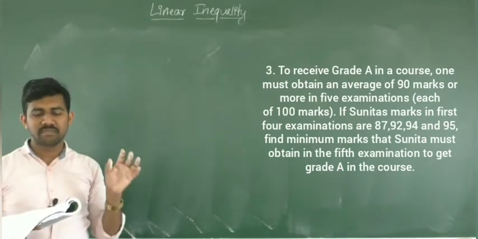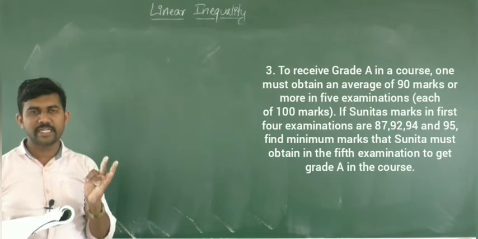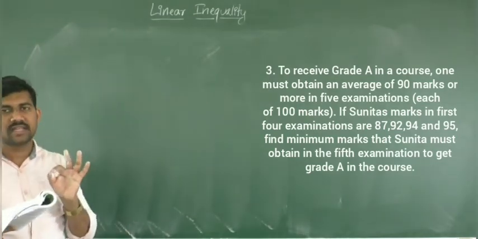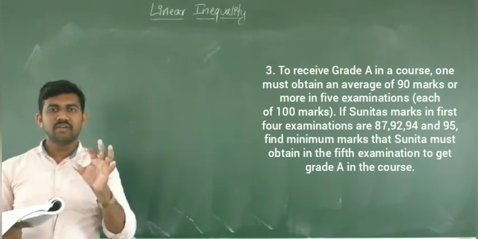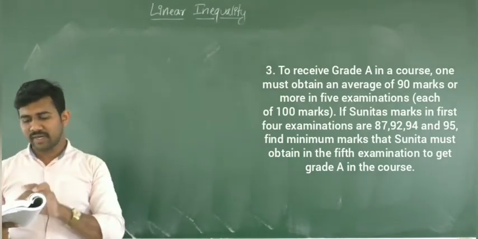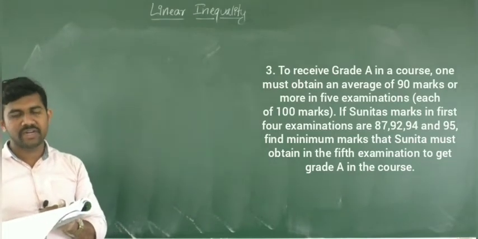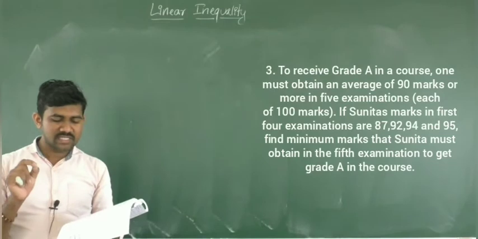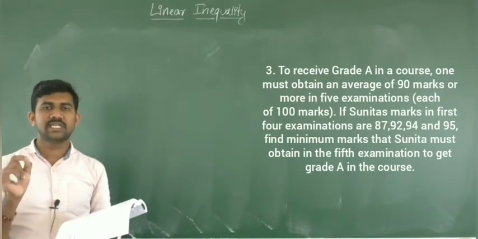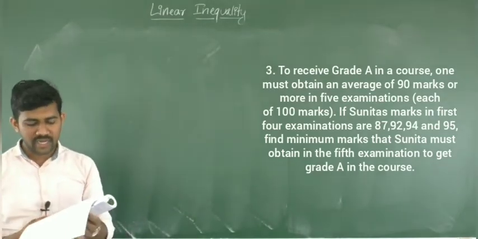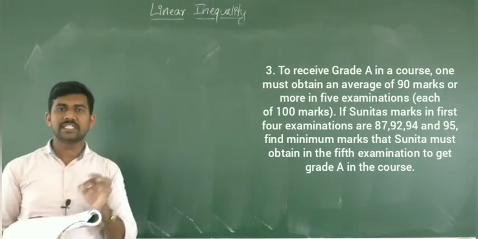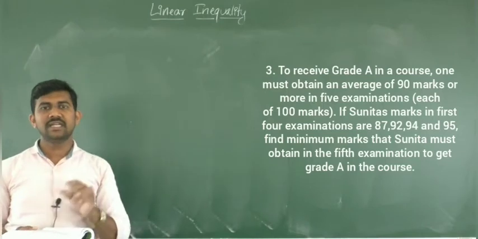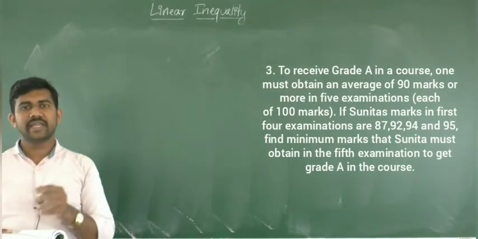In the case of Sunita, her marks in the first 4 examinations are 87, 92, 94 and 95. There are 5 exams, each of 100 marks. We need to find the minimum marks she must get in the 5th examination to have an average of at least 90. If the average is at least 90, then clearly she gets grade A.